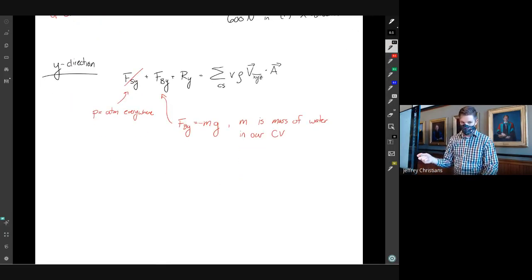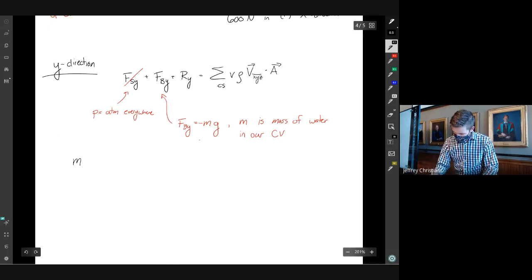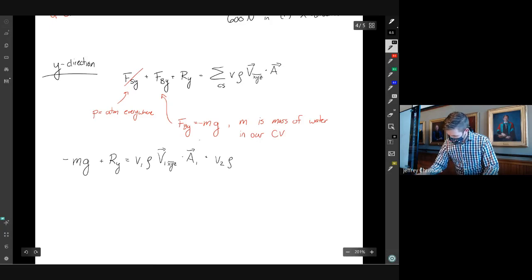So if we look at what this would be, this is minus mg plus Ry equals V1 rho V1 XYZ dot A1 plus V2 rho V2 XYZ dot A2.